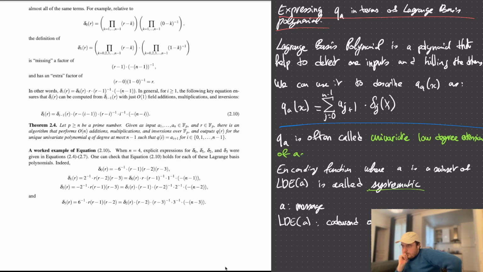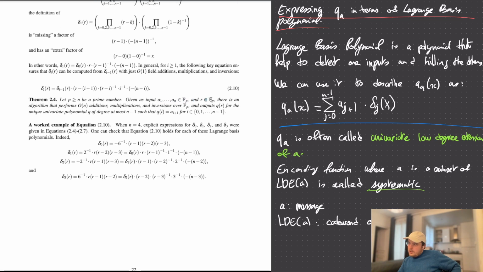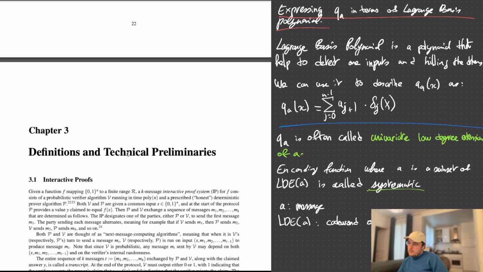Let p be a prime number given as input, and r in the field. There is an algorithm that performs... okay, so that's the theorem they were stating. Delta 0 equals this, and then you can do this, and then you can do this.